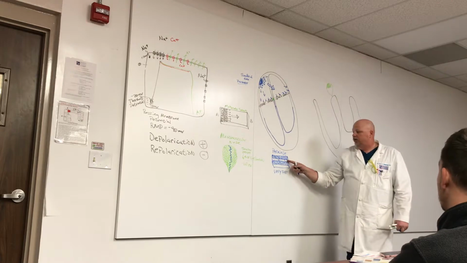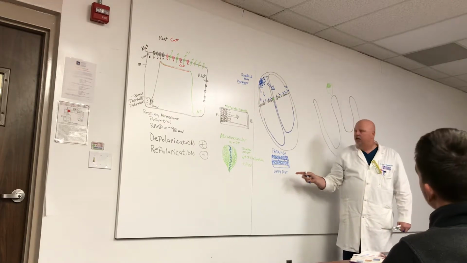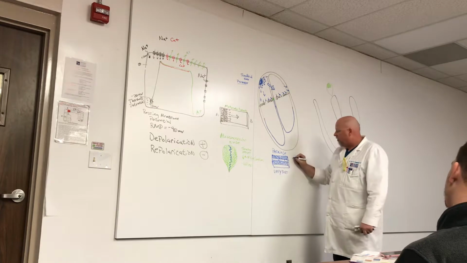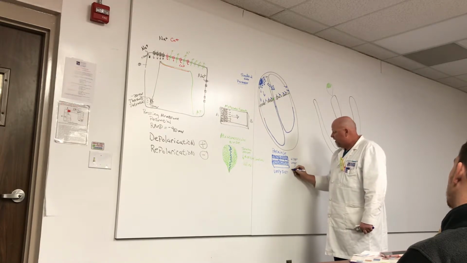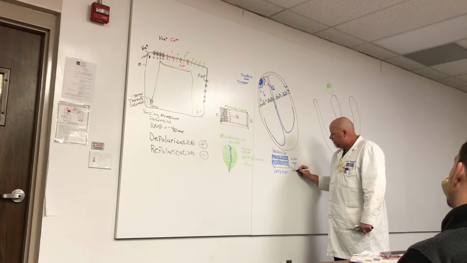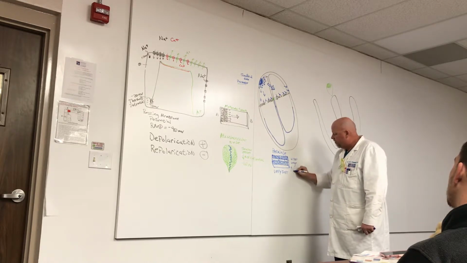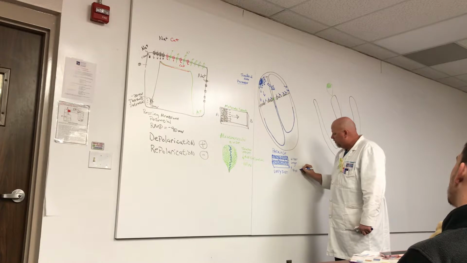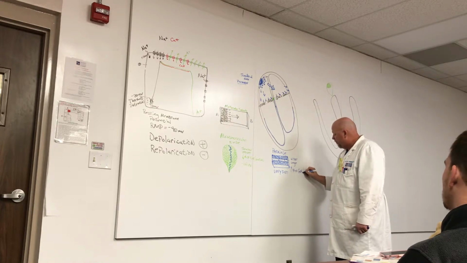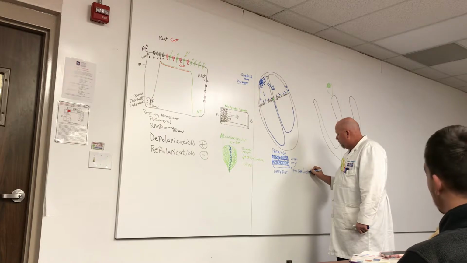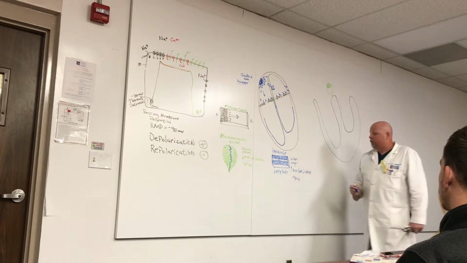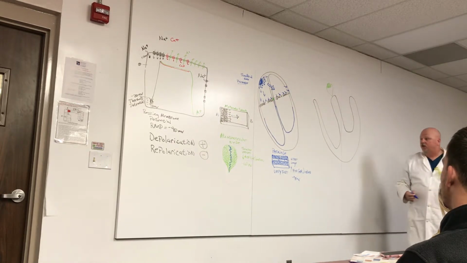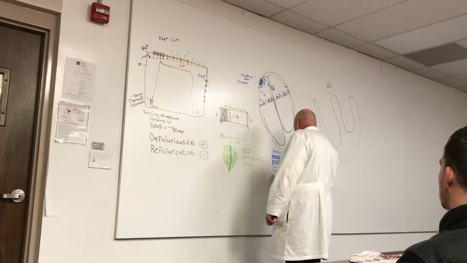In the Purkinje system, these cells are wider and longer, with an increased number of gap junctions, minus 90 millivolts. We say it's also very fast.